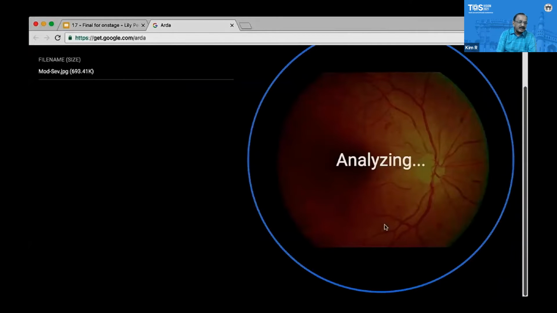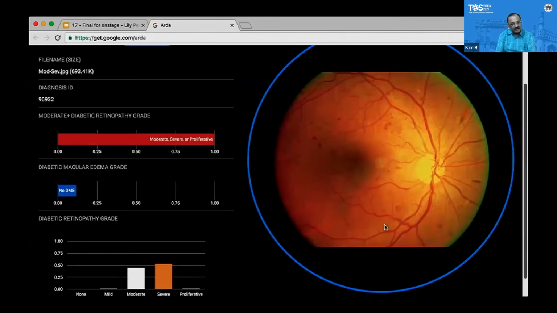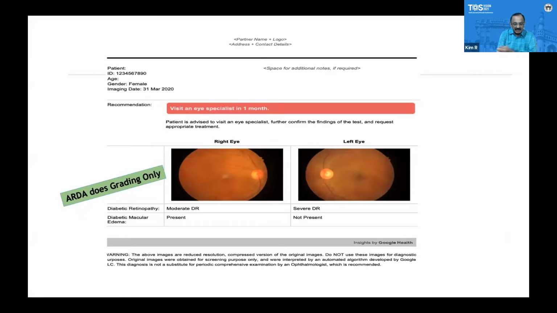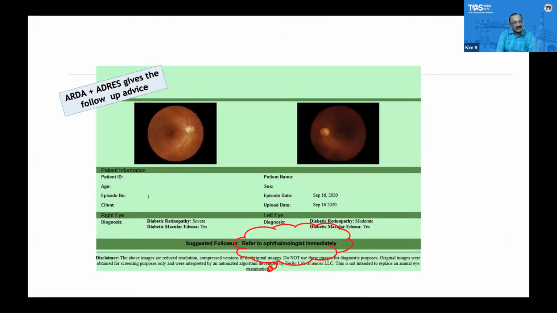This is one example where the AI tool analyzes a fundus image and within a few seconds is able to grade the image almost exactly like an ophthalmologist or grader can do. So what the grading does, it can give you a mild, moderate, or severe level of the diabetic retinopathy.